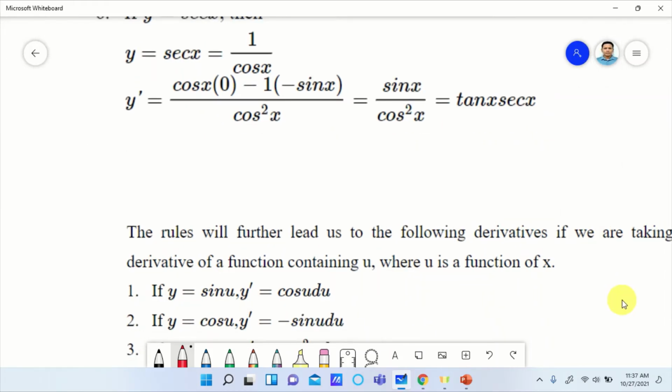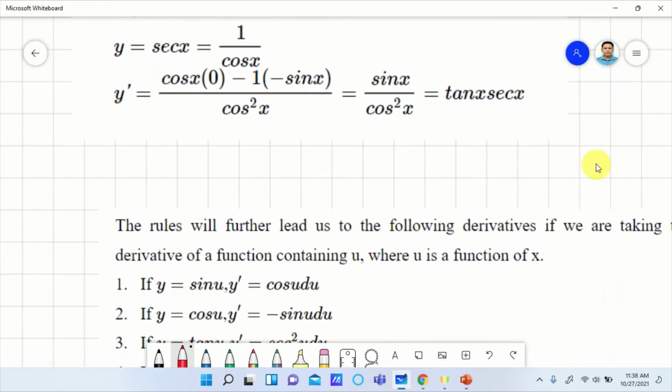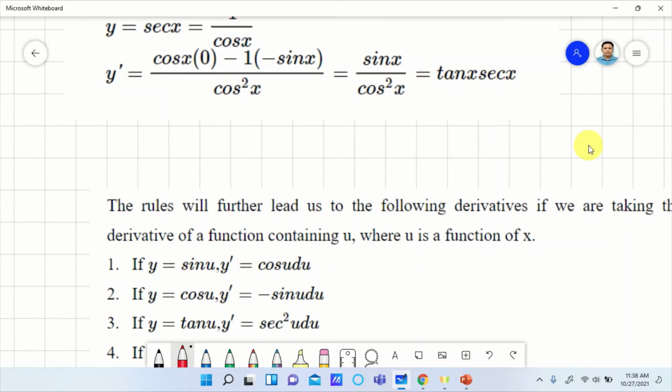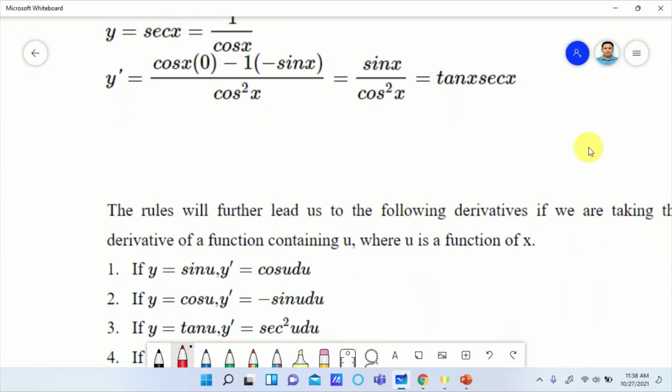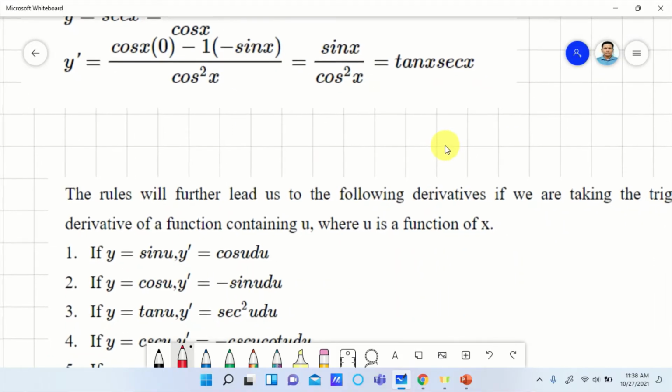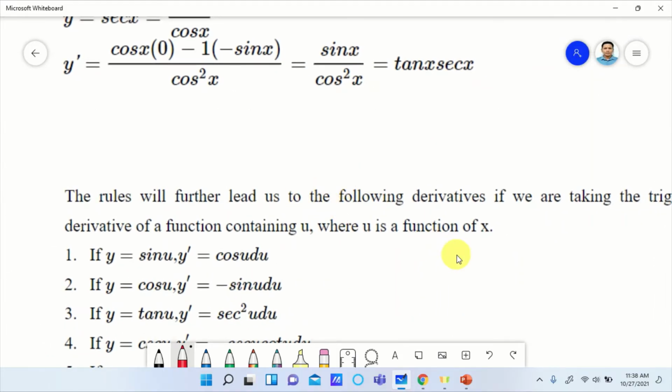Now, if the trigonometric function is expressed in terms of a function of x, which is actually u, we'll be using the arbitrary variable u. The rules will further lead us to the following derivatives.